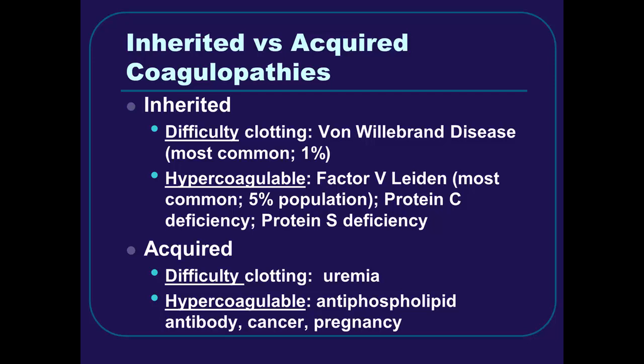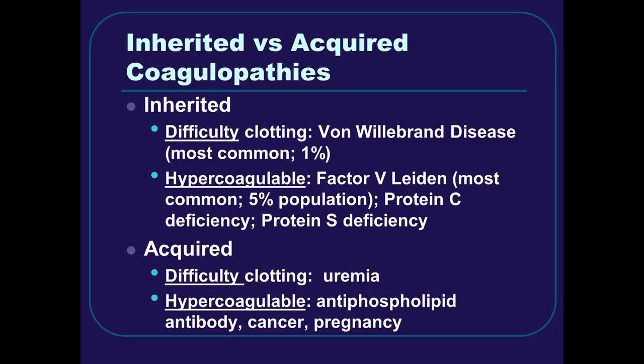In someone who is uremic, who has either a substantial kidney injury or has chronic kidney disease, that uremic environment is a very poor environment for effective clotting. So you may see difficulty clotting just because of the uremia.